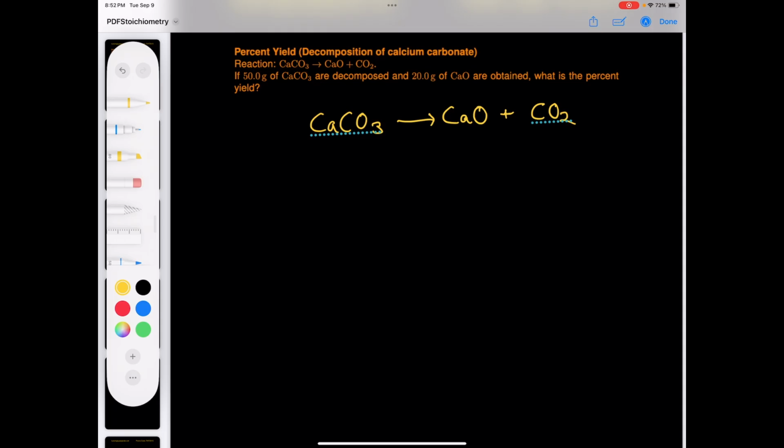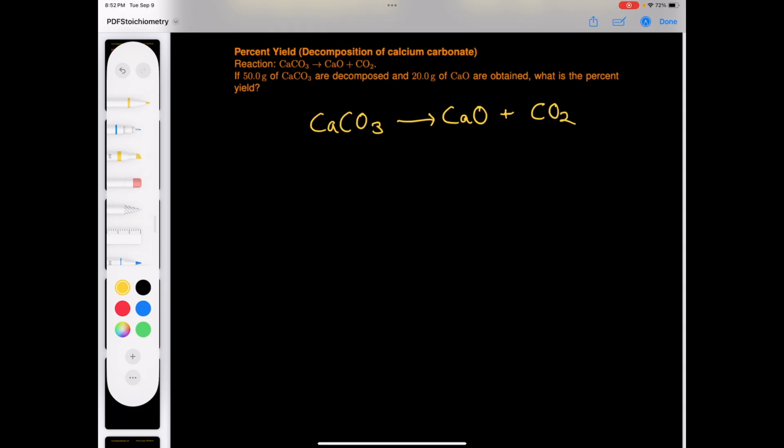yield? So the percent yield comes into play when we're expecting, based on the calculations, a certain amount of CaO, based on the mole ratios that we obtain from the balanced chemical equation. But in real life, we suffer some losses, right?